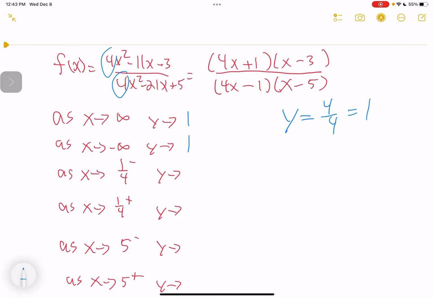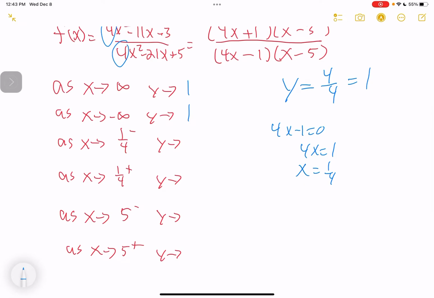Now we want to look at our asymptotes. They totally gave them to us. 4x minus 1 equals 0 means 4x equals 1, or x equals 1/4. And x minus 5 equals 0 means x equals 5. That's great.